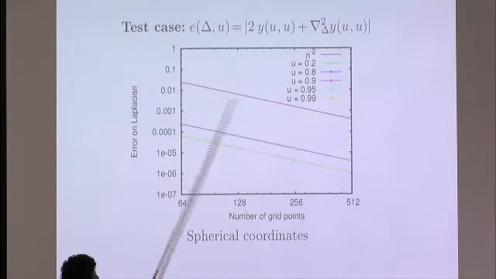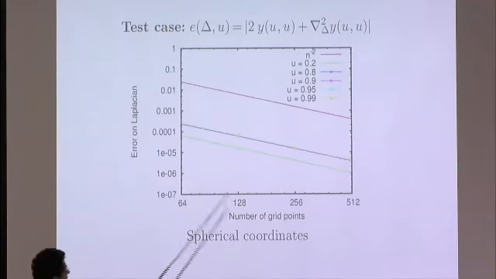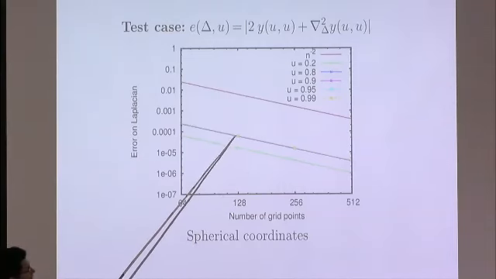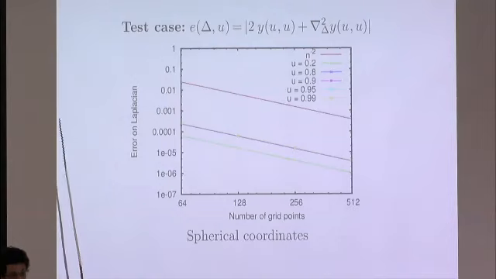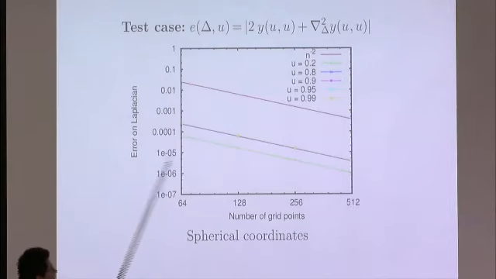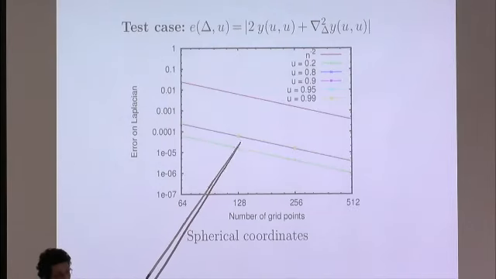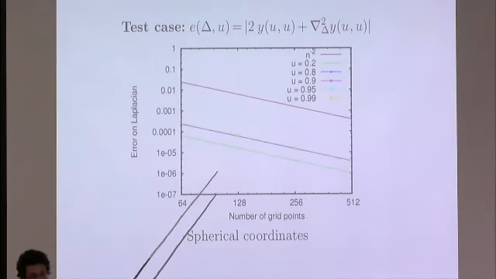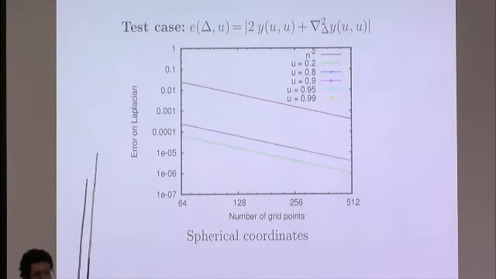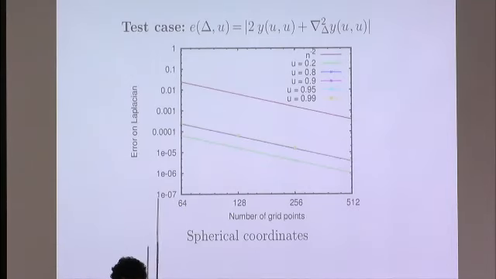And the red curve is just the -2 slope. So for spherical coordinates, that's what you get. You see that irrespective of where you are on the patch, you get second-order convergence, as you expect. And the error you make for this test case is pretty much the same irrespective of where you are on the patch. So you get local and global convergence.